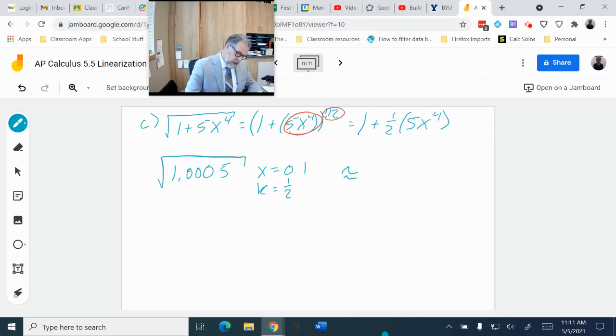And we can approximate this as 1 plus k times x. And so this is approximately 1.05. Oh, wow. I completely messed that one up. Okay, starting that over again.